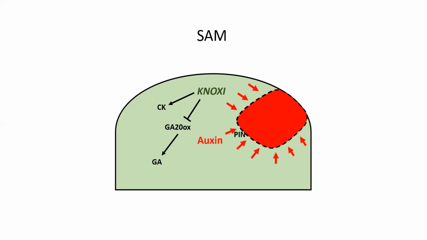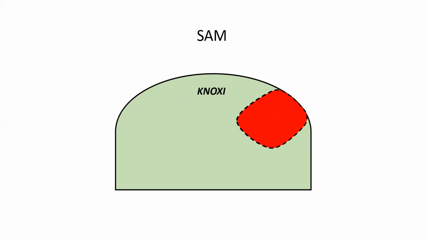The KNOX1 genes are expressed within the shoot apical meristem, but they are excluded from the leaf primordia. For both simple and compound leafed species, leaf initiation requires the downregulation of KNOX1 genes at the incipient leaf primordia. Once initiated, leaf primordia will expand laterally.